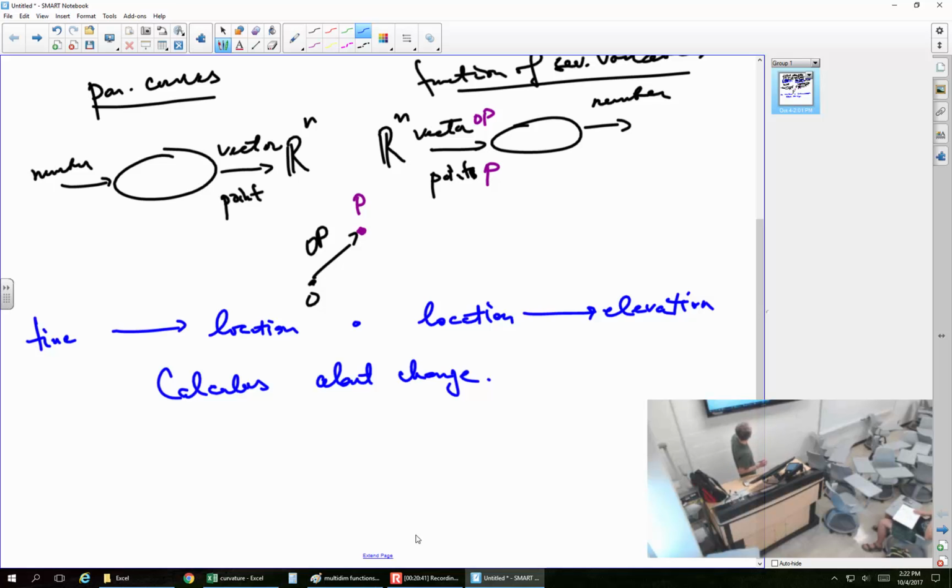So we have to speak of it like this. Say x, I'm looking from the side at my three-dimensional situation, and x is my horizontal location, and z is my elevation.